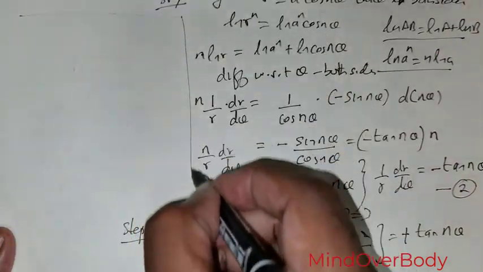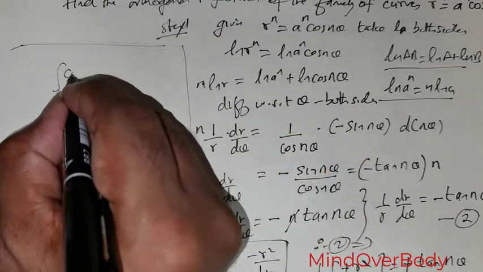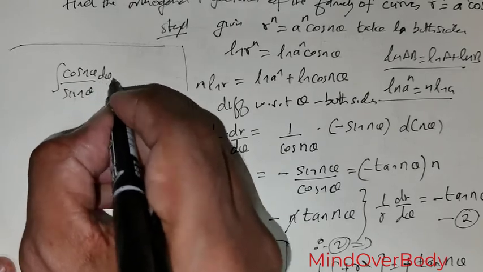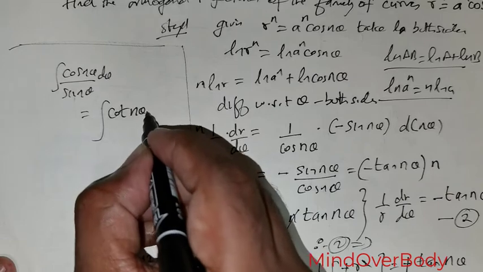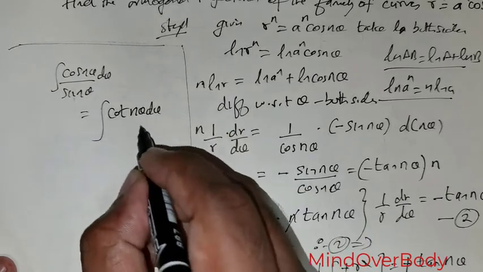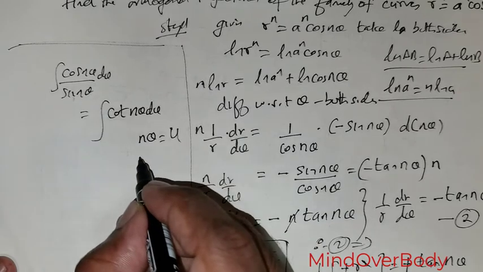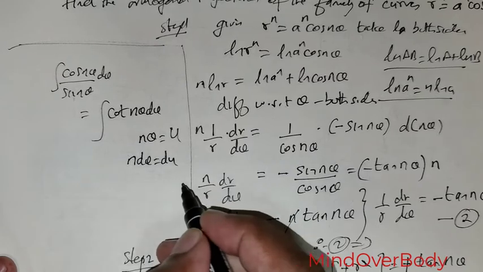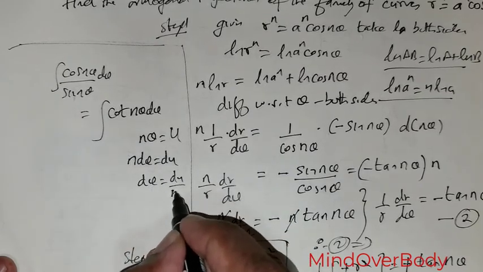So I'm going to use this space here. So I got integral cos n theta divided by sine n theta times d theta. I'm going to retain or rewrite this as cot n theta d theta. Now let me take n theta to be equal to some u. So this one would be n times d theta is equal to du, and then my d theta is du over n.